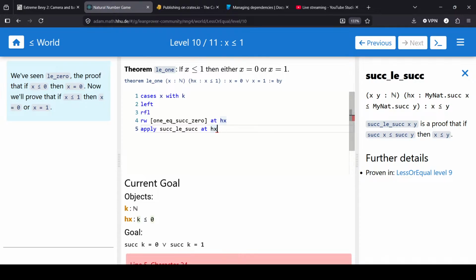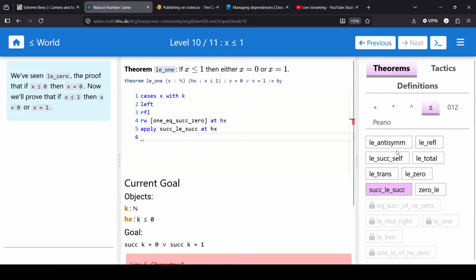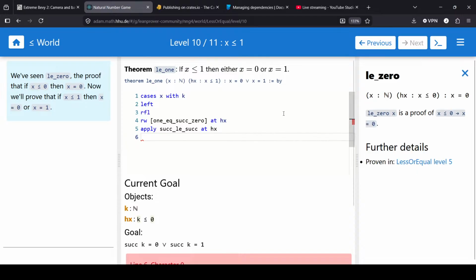Okay, so now I have u, k less than or equal to 0. And I have to prove one of these two things. Well, wait, I can prove that k is 0 because I have le 0, right? Apply le 0 at hx.